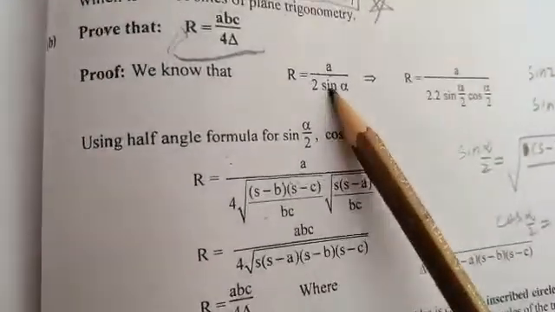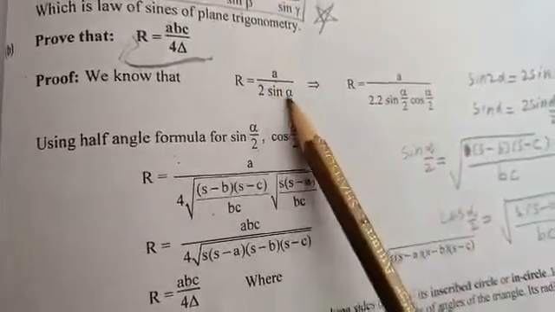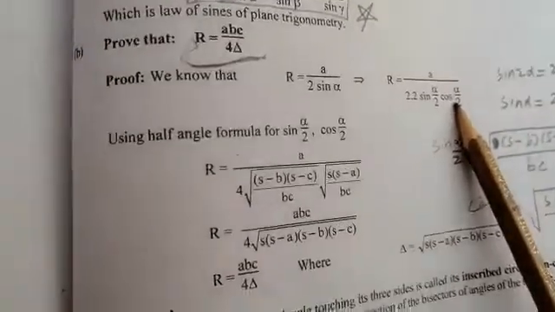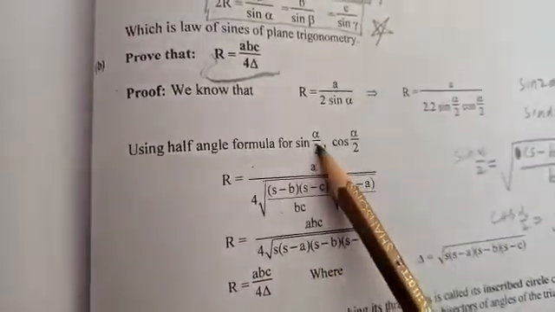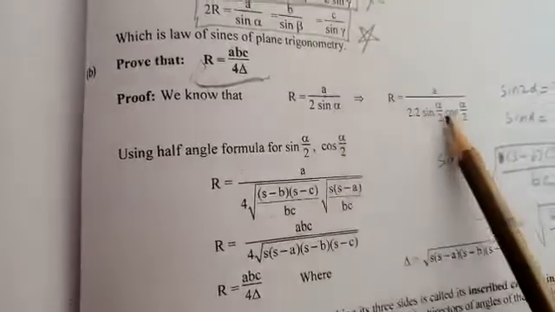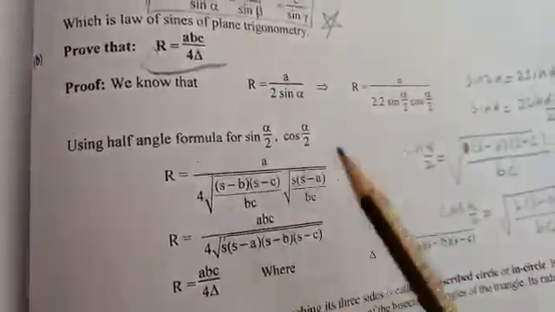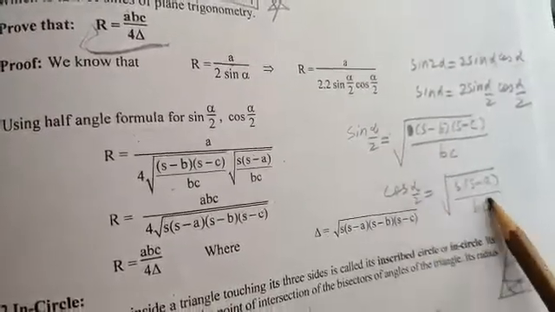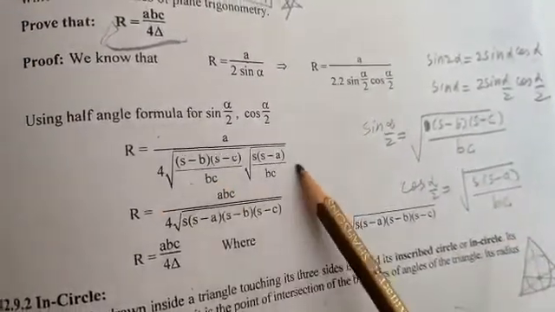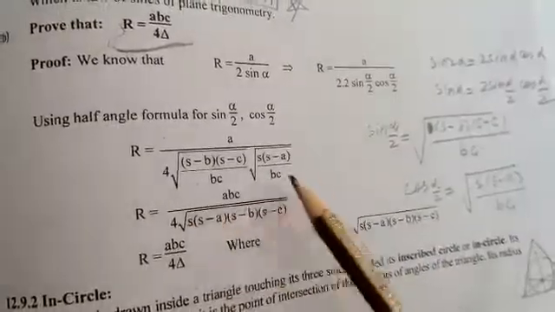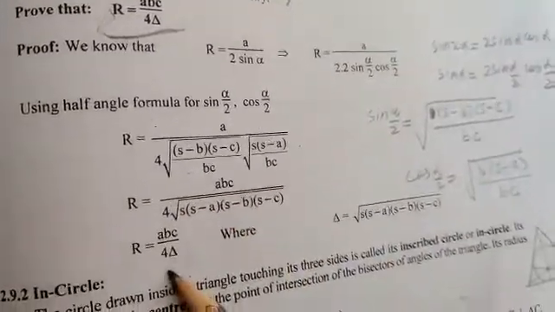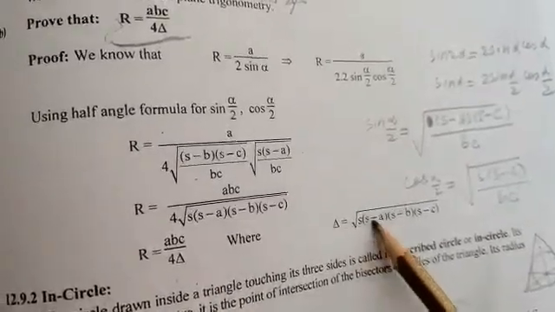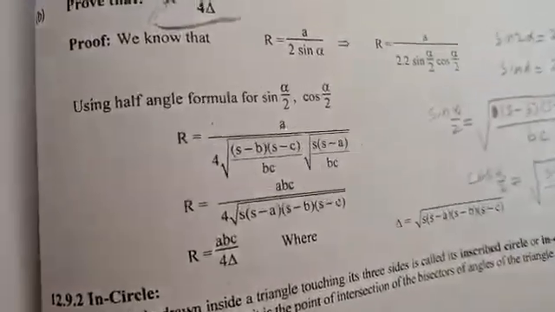Now using half angle formula for sin alpha by 2 cos alpha by 2, we know the result of sin alpha by 2 and cos alpha by 2. So we will put these formulas here. After multiplying and simplifying, we get this one, where area of triangle is always equal to under root s into s minus a, s minus b, s minus c.